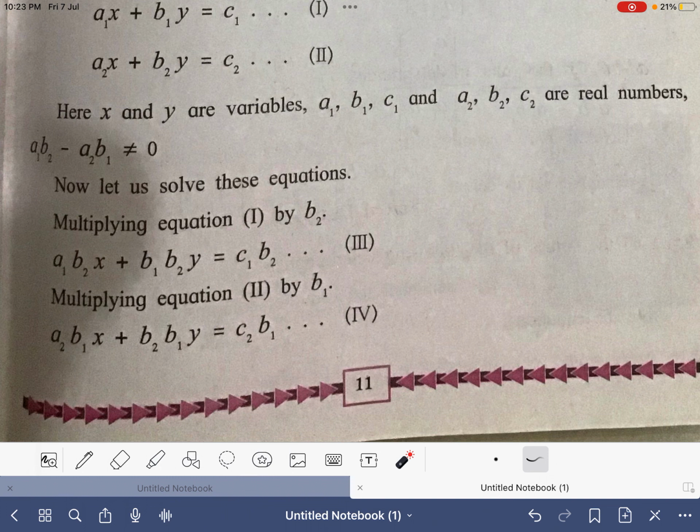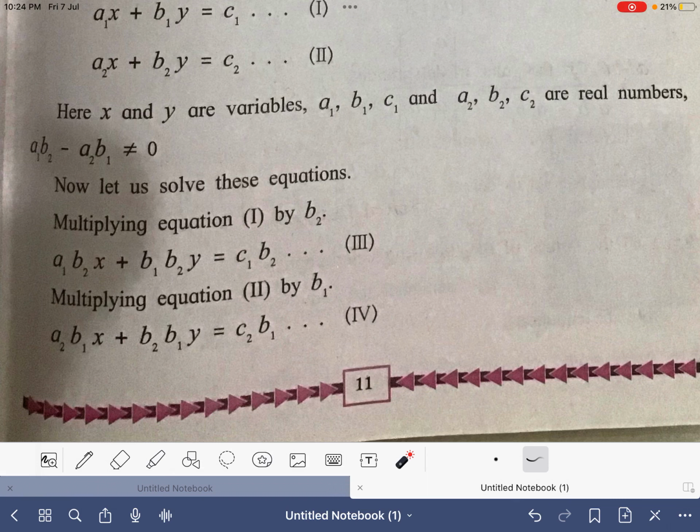After this multiplication we get a1b2, b1b2, and c1b2. This is the coefficient of x, this is the coefficient of y, and this term we call the constant. Similarly, as in the previous case, we want b1 b2 in this equation also, but already we have b2 here. So multiply the second equation by b1. Clear? That's why we multiply this equation by b1.